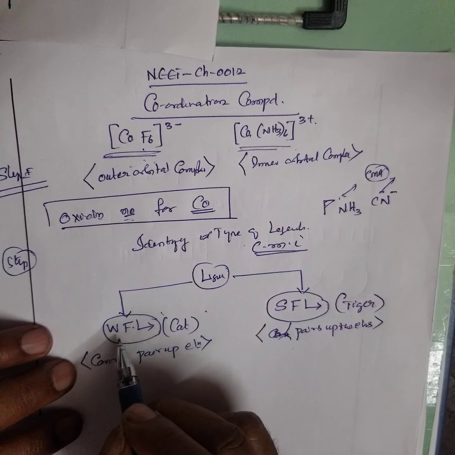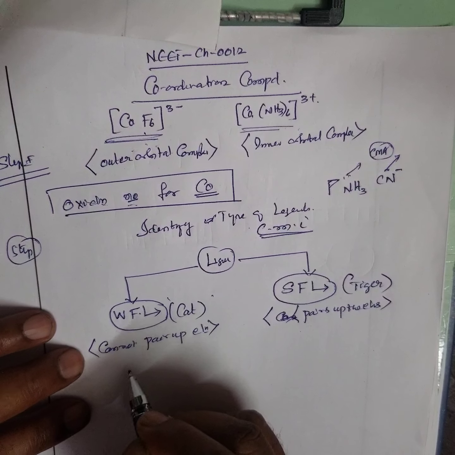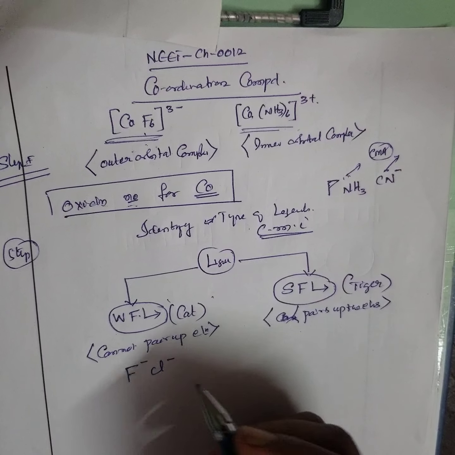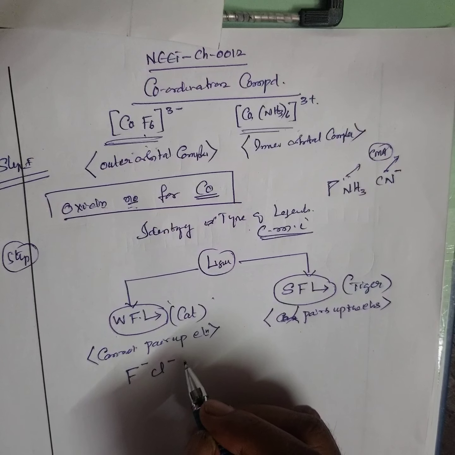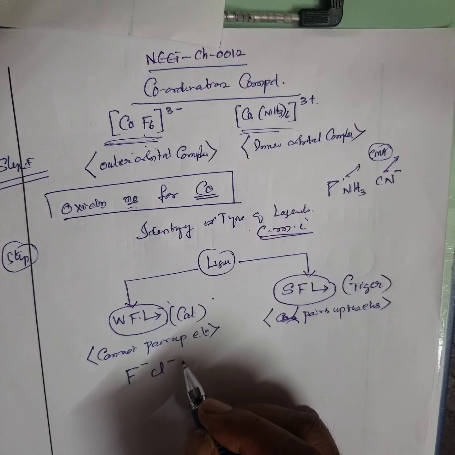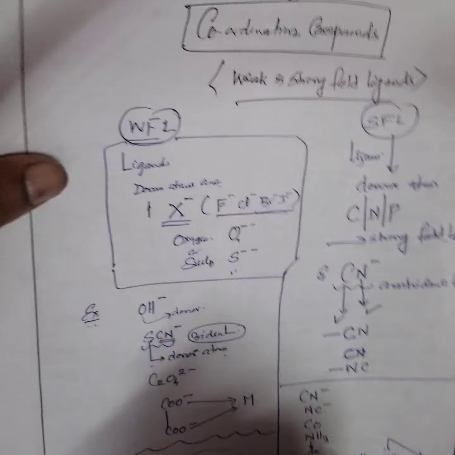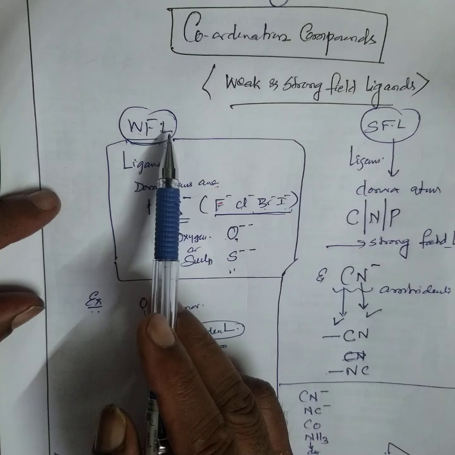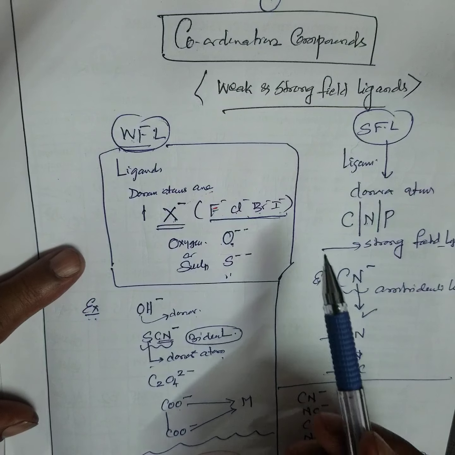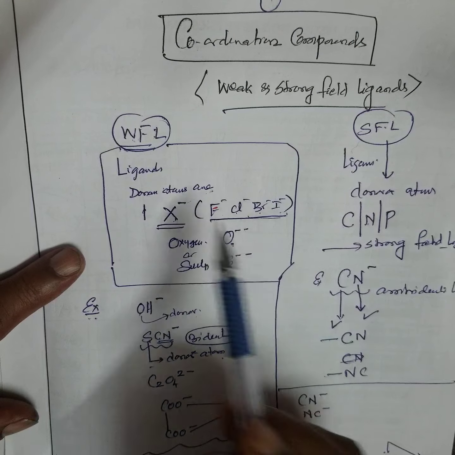What are the examples of weak field ligands? Halogens: chloride, bromide, iodide and all. We have already studied this in the previous class. The classification is like this.